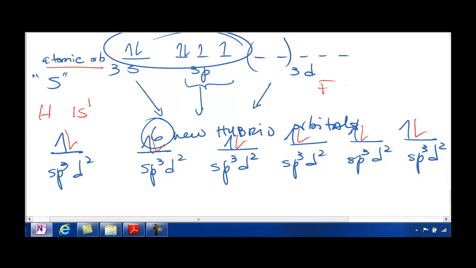If I had fluorine, fluorine would have been an S2P5. Okay, so fluorine would have had 1P, S2. Fluorine, chlorine, bromine, iodine, they're all going to have a P. 1, 2, 3, 4, 5.